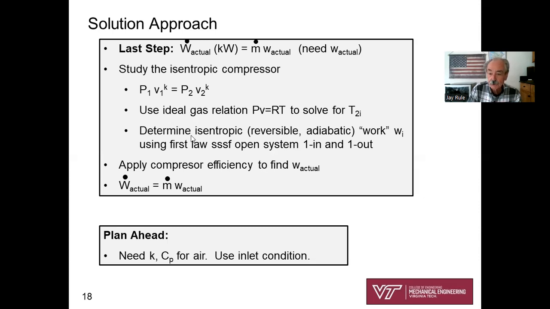Next, we're going to use the first law to determine the isentropic work, little wi. We will apply the compressor efficiency definition to get to W actual, okay? And then we'll multiply W actual by M dot to get to W dot actual. I forgot to put on here, then we'll use the first law to back calculate T2 actual coming out, T2A.